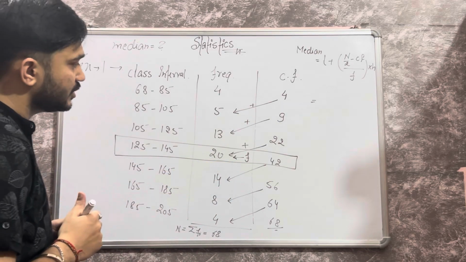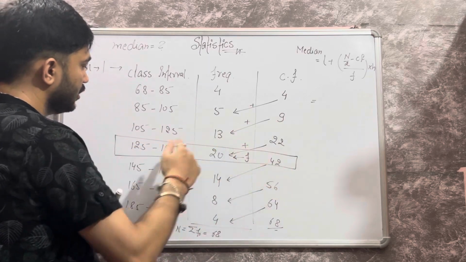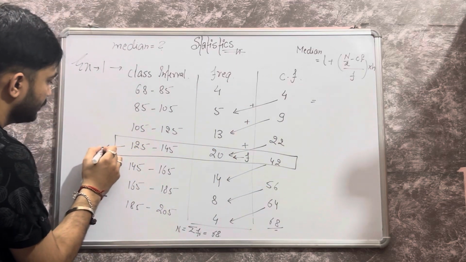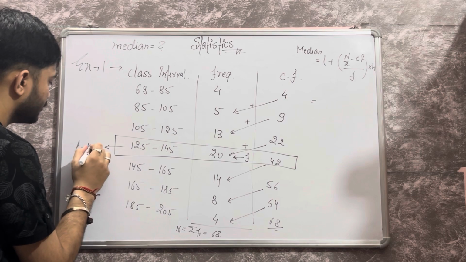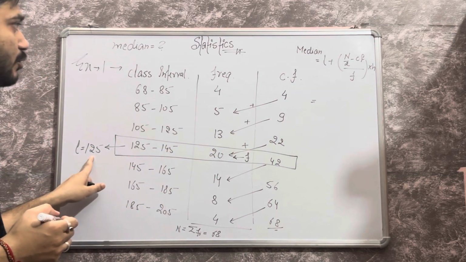Look, we have highlighted the biggest frequency here, and L will be the lower value of the class interval of the biggest frequency, that is 125.